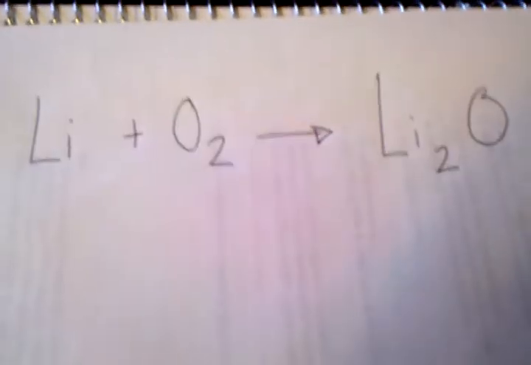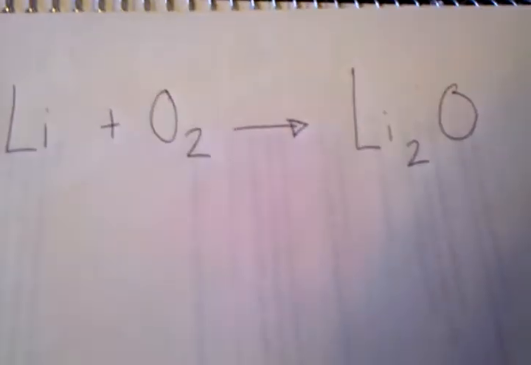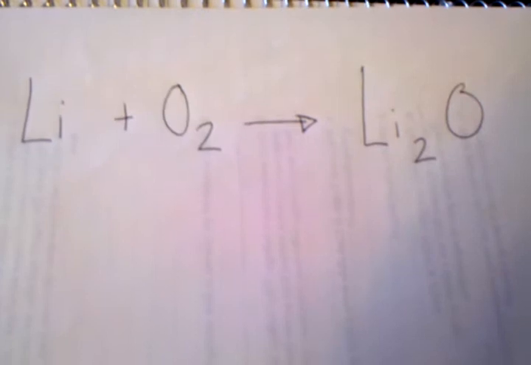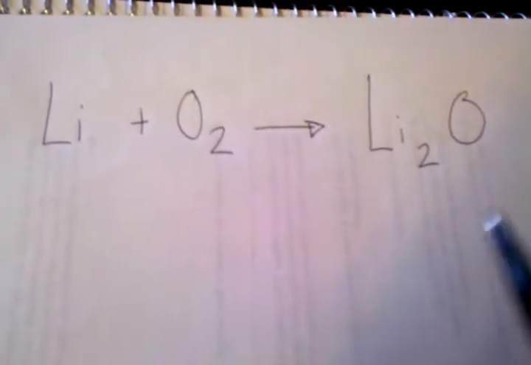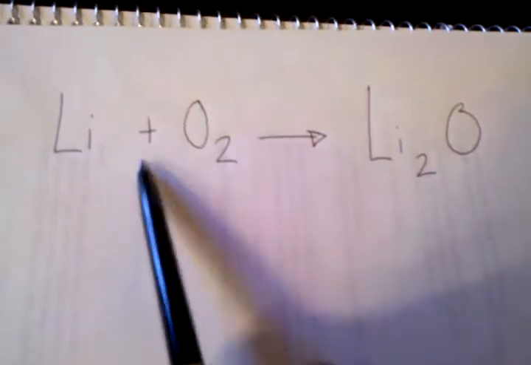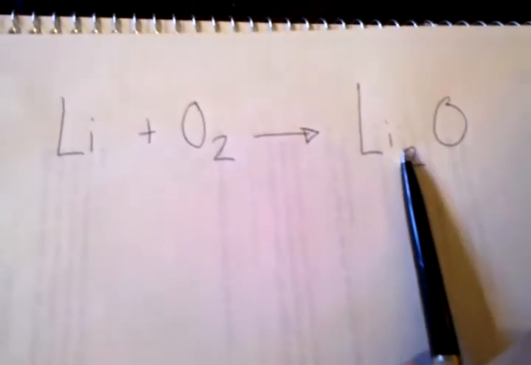To get back to balancing the equation, some methods for balancing an equation: number 1, start with the most complex compound. This will be the one containing the most types of elements. Comparing the right to the left hand side of this equation, the right hand side is more complicated, meaning it's a bigger or more complex compound.